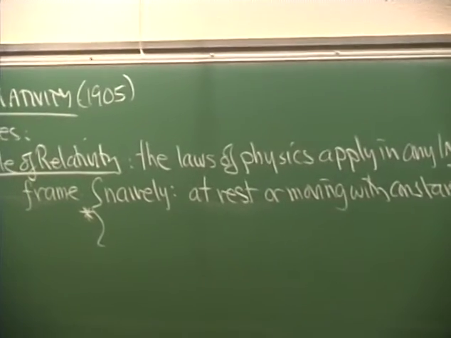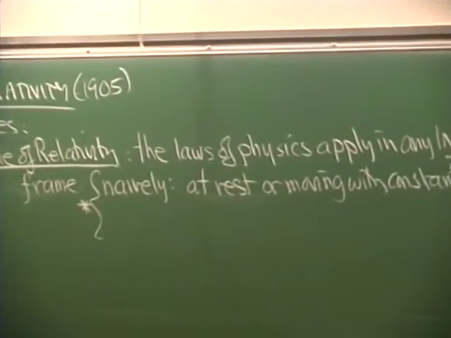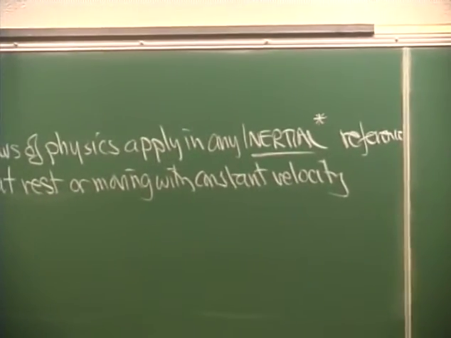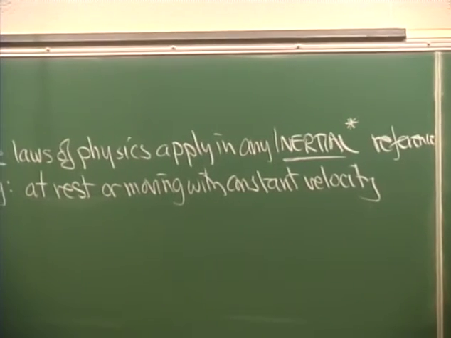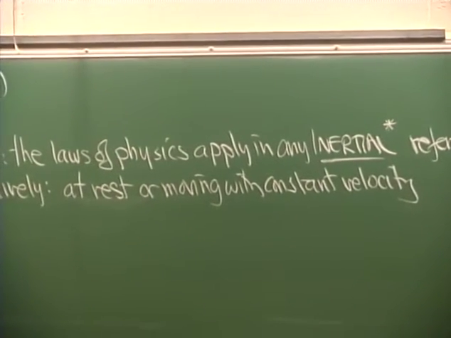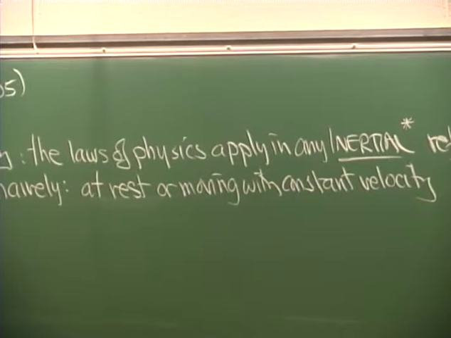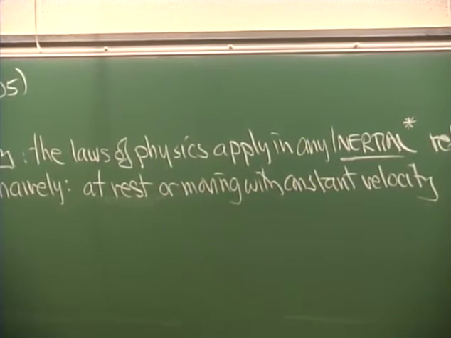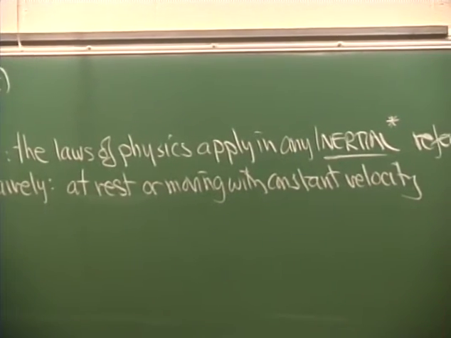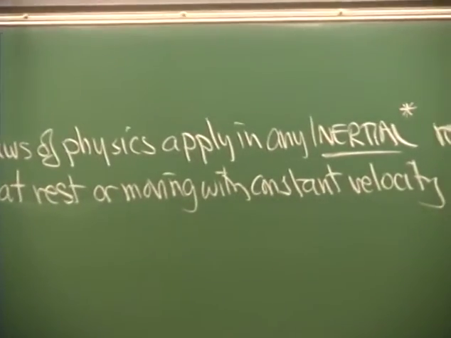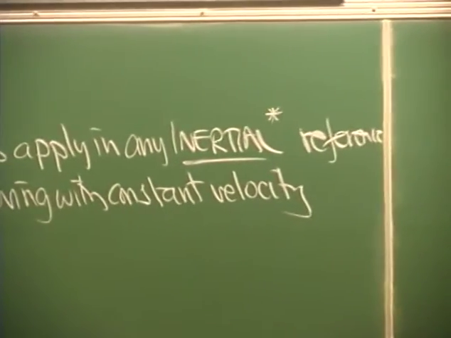If the laws of physics apply perfectly well in any moving reference frame, you have no way of ascertaining what is the rest system, if indeed there's any such thing as a rest system. And if you don't know what a rest system is, how do you know what one moving at constant velocity is? That would be constant velocity with respect to that rest system.